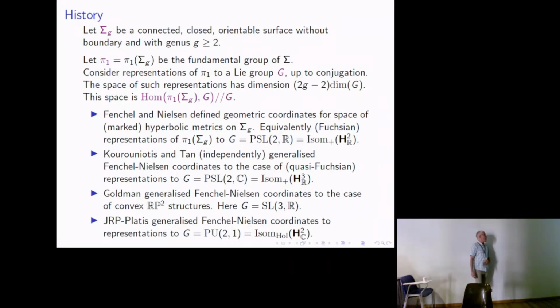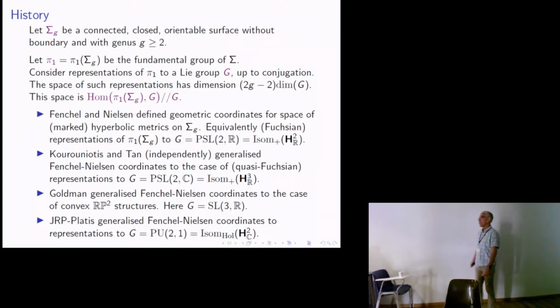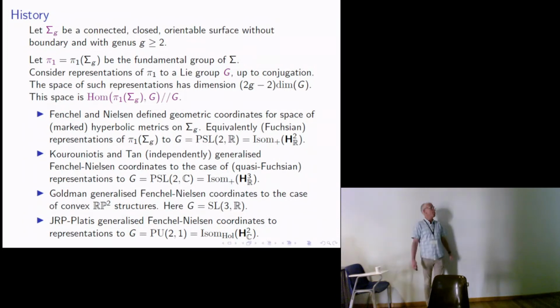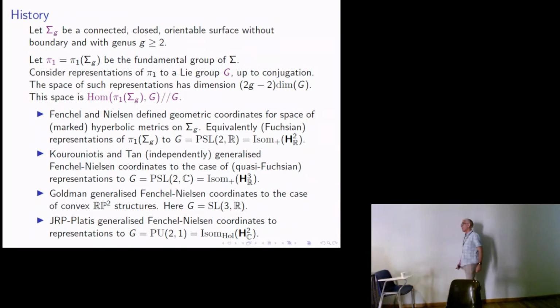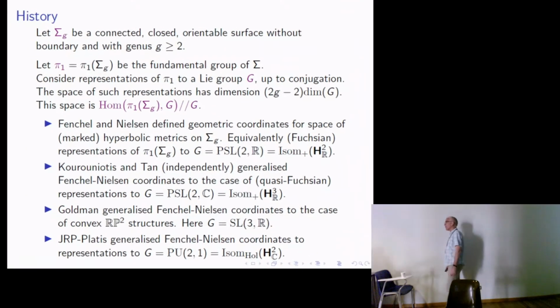Terminology. Sigma_g is going to be the closed, compact, orientable surface of genus g without boundary, the usual thing. g is of course going to be greater than or equal to 2, because we all like hyperbolic things. Pi_1 is going to denote its fundamental group, with a base point.